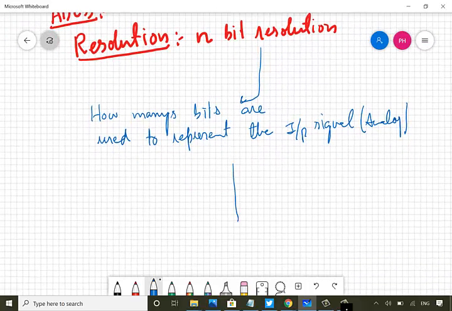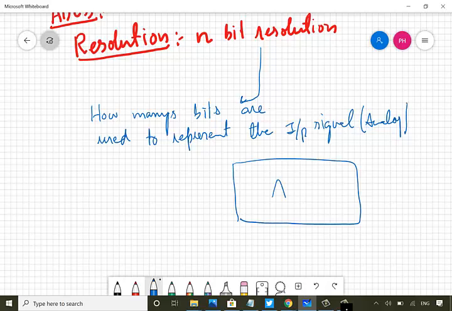So basically we might have an ADC, there's an input that is an analog signal and the output is a digital signal. So this ADC can have a resolution of 2 bits, that's every input voltage will be represented using 2 bits, or it may also have a resolution of 4 bits.